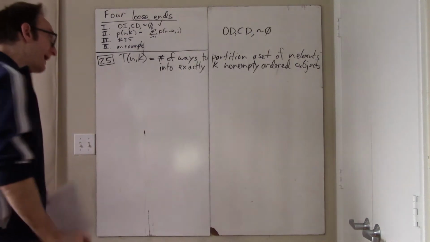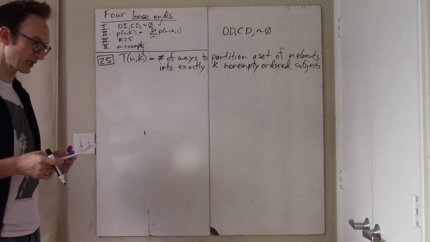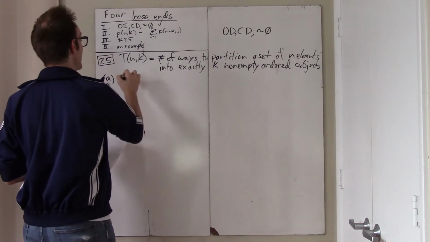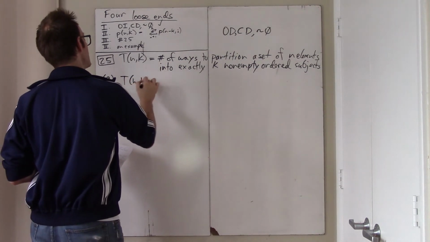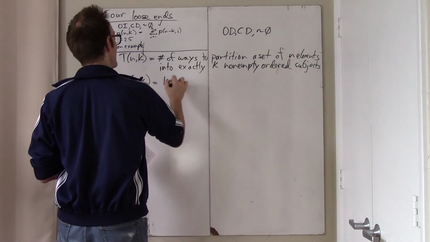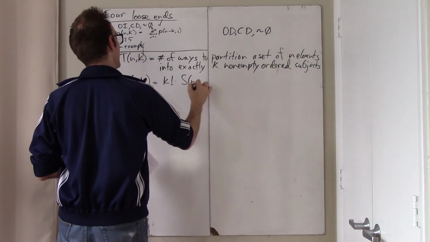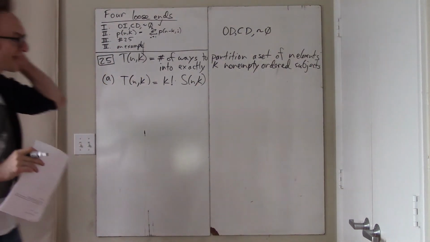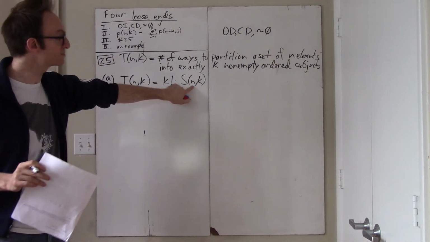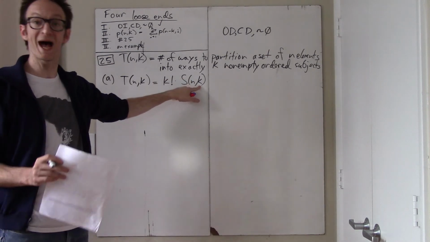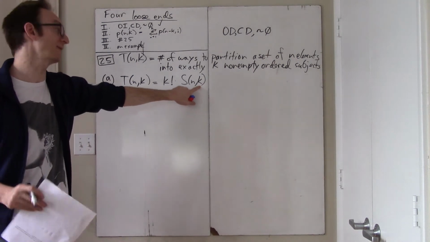And so how did we solve this problem originally? Well, okay, so the first thing that part A says is to establish that T(n,k) is just k factorial times S(n,k). And of course that's totally true, because S(n,k) is the number of ways of dividing n distinguishable objects up into k indistinguishable piles where no pile can be empty.